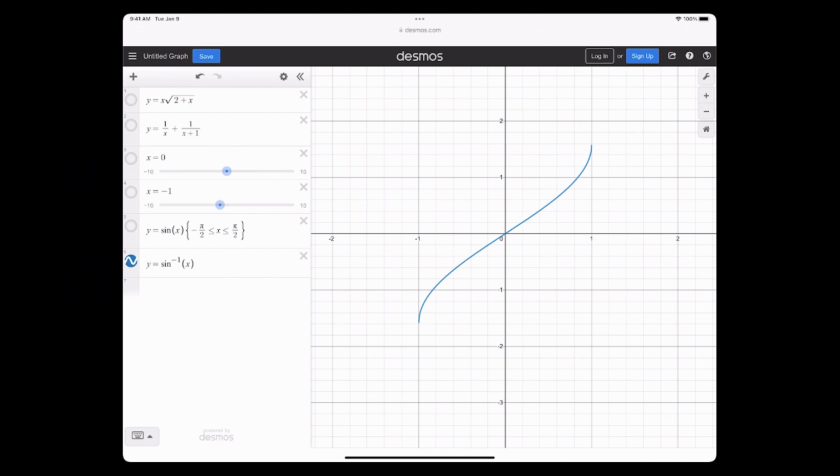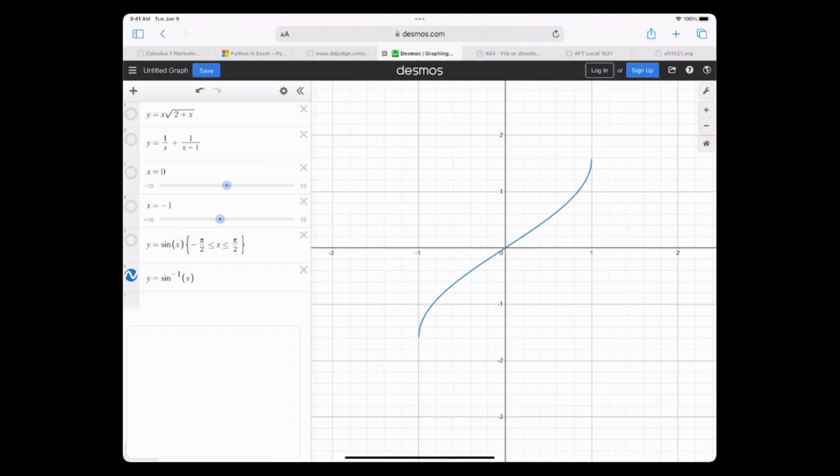And I'm going to take a picture because this is the inverse sine curve.